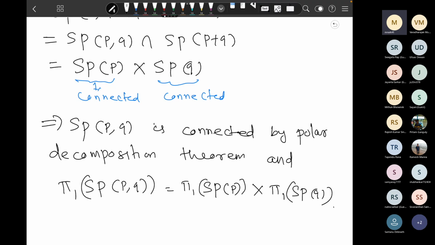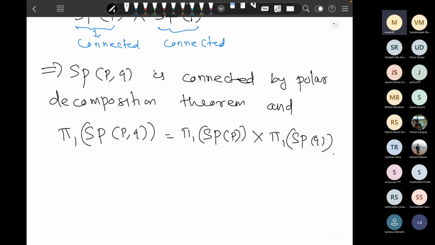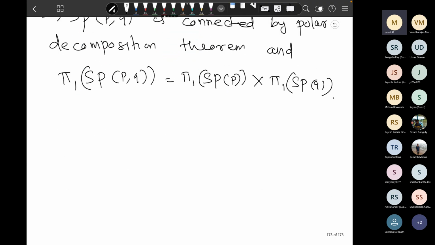So this SP(P,Q) is a non-compact group and it is connected, and we have also information about the polar decomposition theorem. Now we will move towards SP(2N,R).